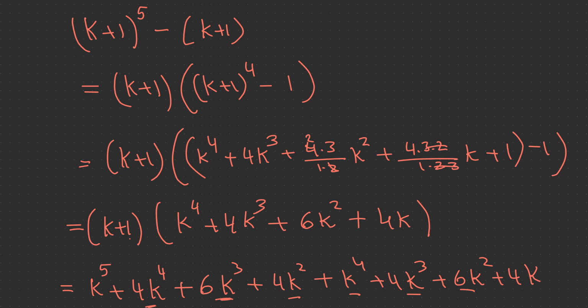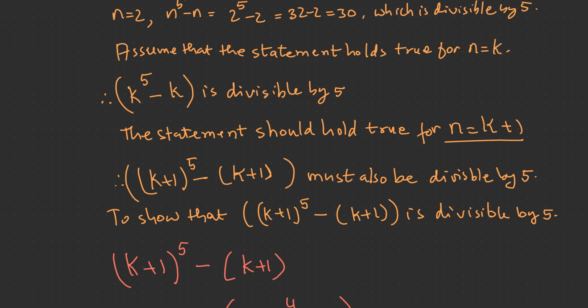So now if we go up and look, we've already said here that k to the power 5 minus k is divisible by 5.